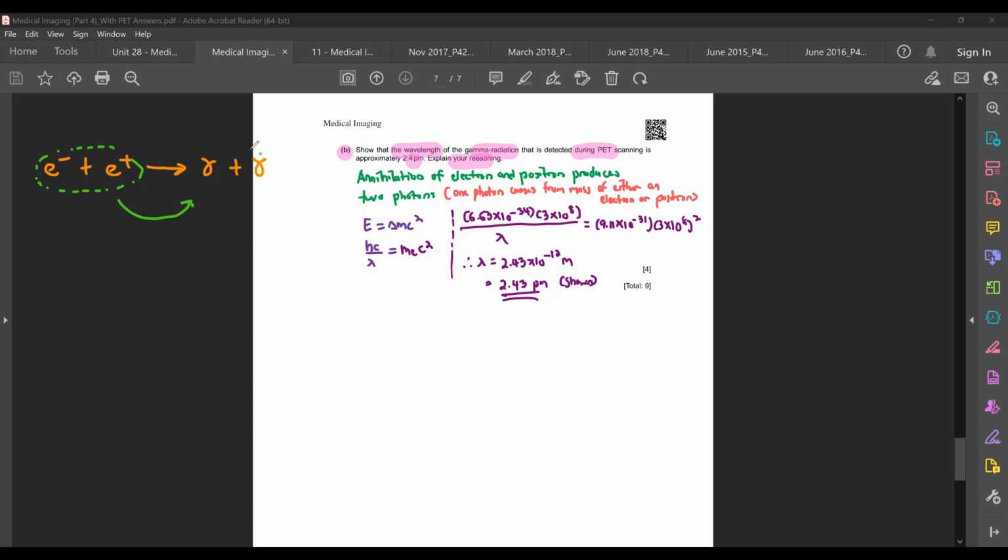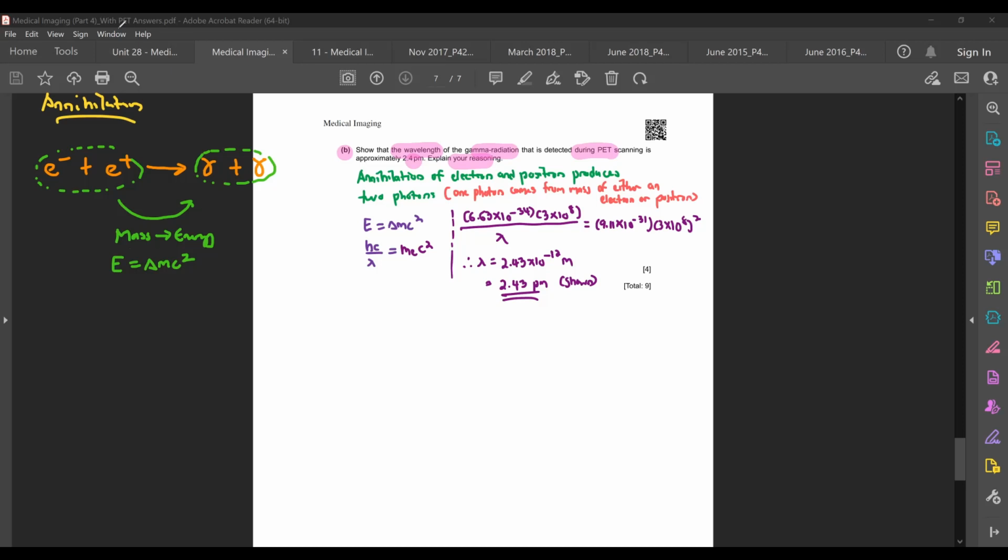They give you these 2 gamma photons, where you say mass is converted to energy. And then you can use E equals delta mc squared. This was annihilation for your case.